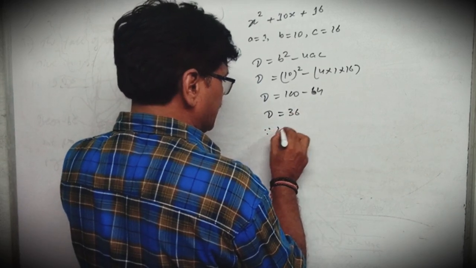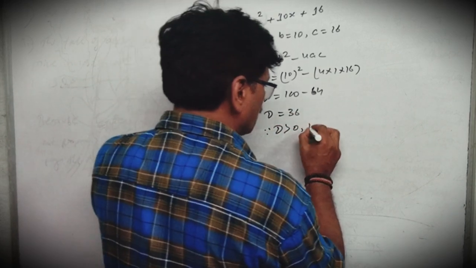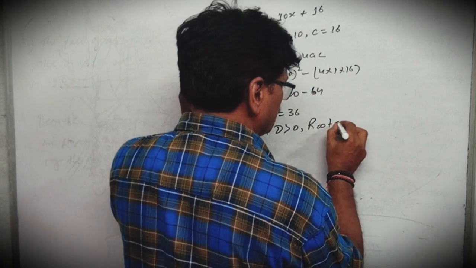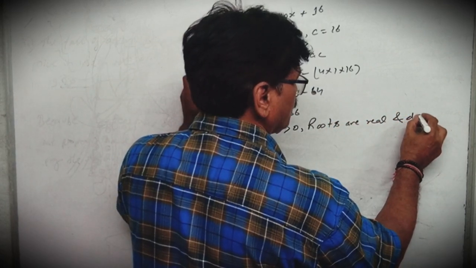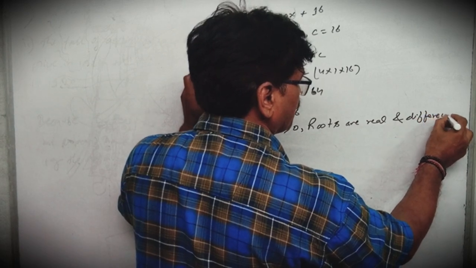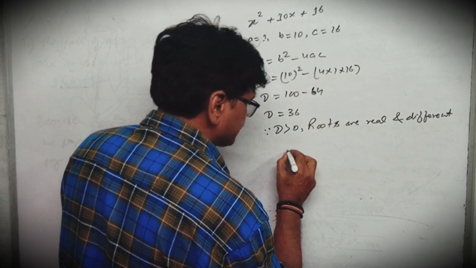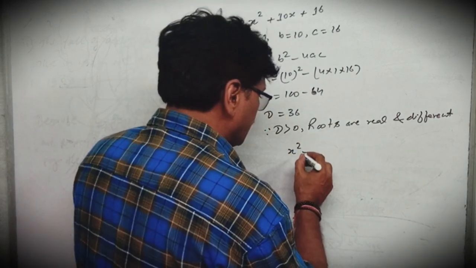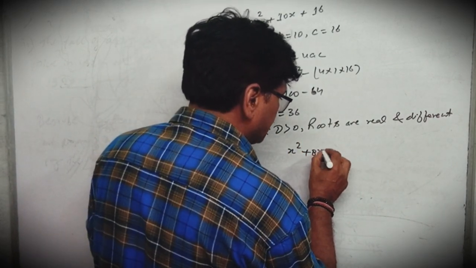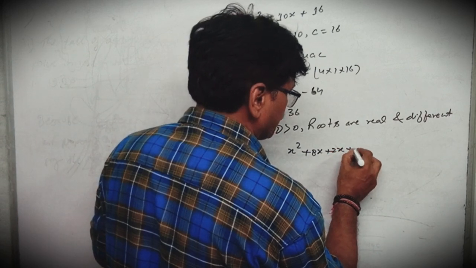Since D is greater than 0, roots are real and different. How will you see this? Let me take the same example. By the middle term splitting method, x square plus 8x plus 2x plus 16.